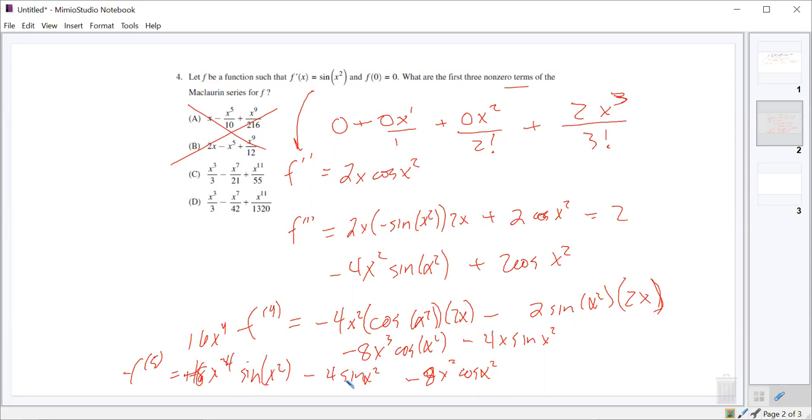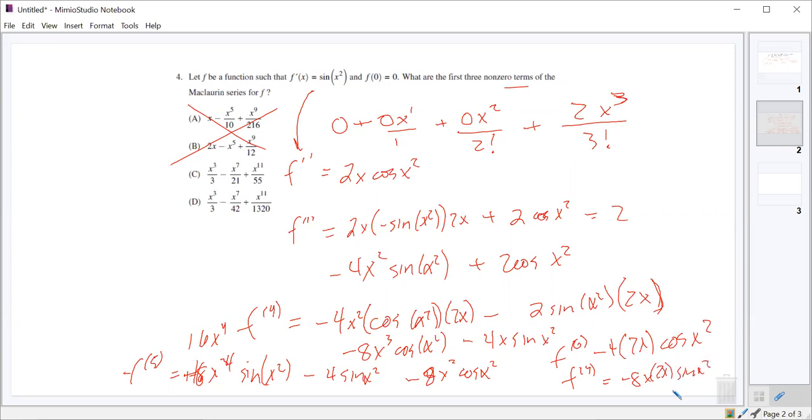But this one, if we take its derivative twice more, is going to give us a negative 4 times 2x times cosine x squared. And when we take the derivative of that, that's a piece of the 6th derivative. And so then a piece of the 7th derivative should be negative 8x times the 2x times the sine of x squared.